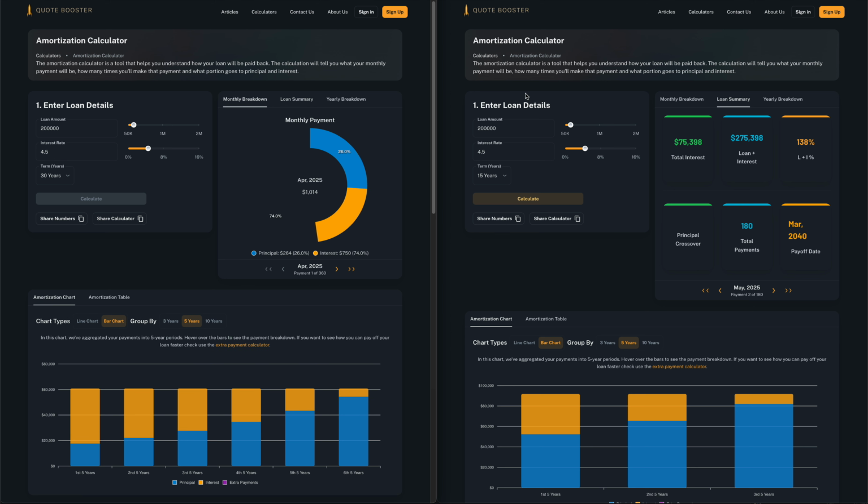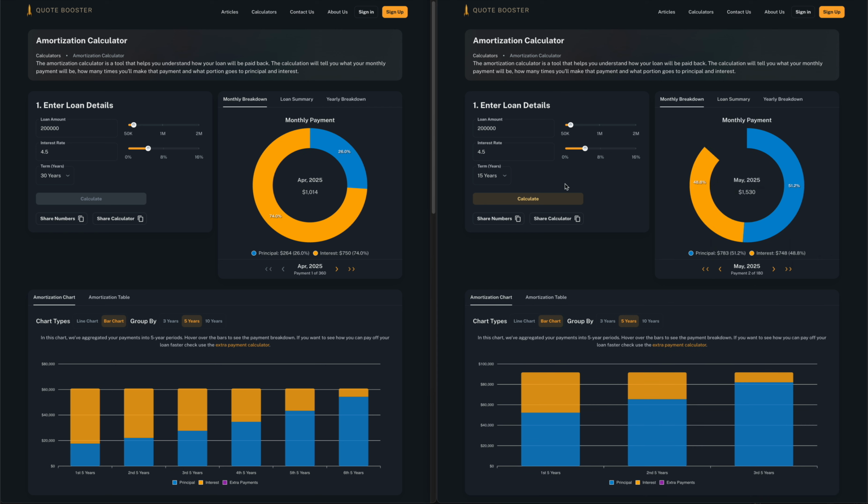But let's go back to how this works. If you pay off this loan faster, you're going to pay less interest, but you're not prepaying any interest up front. If we look at the first monthly payment, on your April payment for 2025, your mortgage payment is $1,014. For the 15-year loan, you're paying about $516 more.